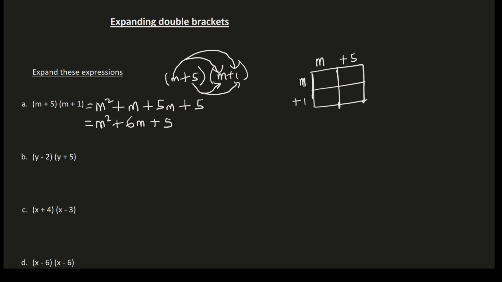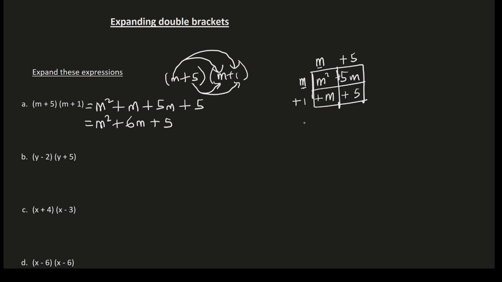So we have m times m, which gives me m squared, then m times 5, which gives me plus 5m. Then we have 1 times m, which gives me plus m. And then we have 1 times 5, which gives me plus 5.